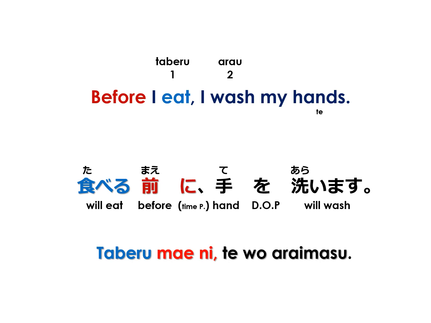It has a subject I and a verb eat, but it doesn't convey a complete idea. Our main clause is I wash my hands. It is a complete sentence and complete idea by itself. Because the subject of both the subordinate and main clauses is the same, I, and because I is always the default subject, we do not need to mention it in the Japanese translation.